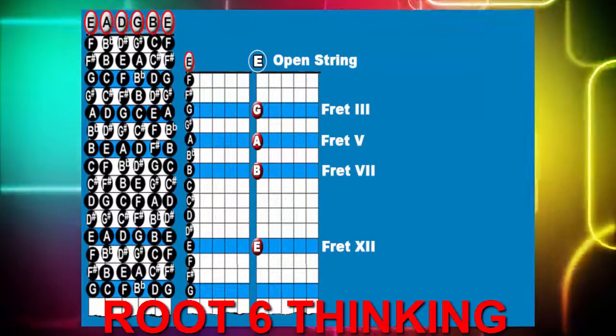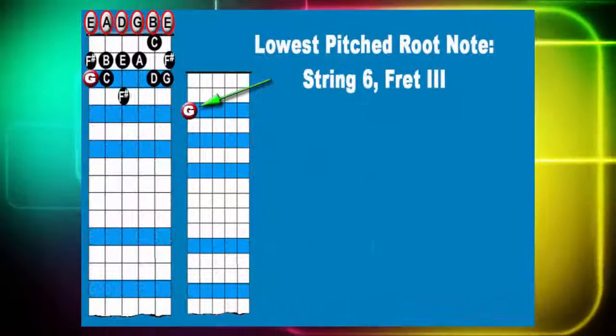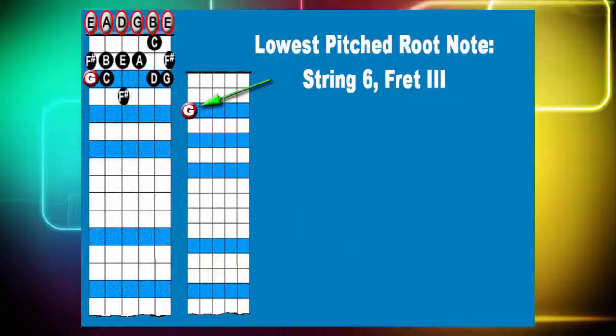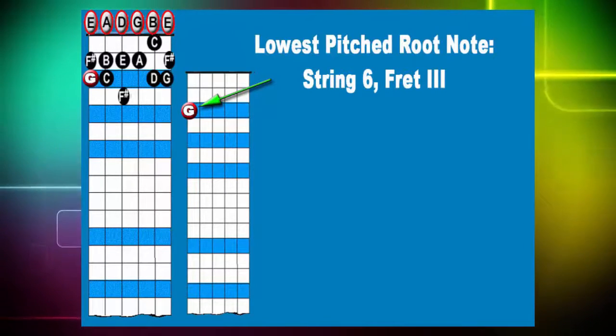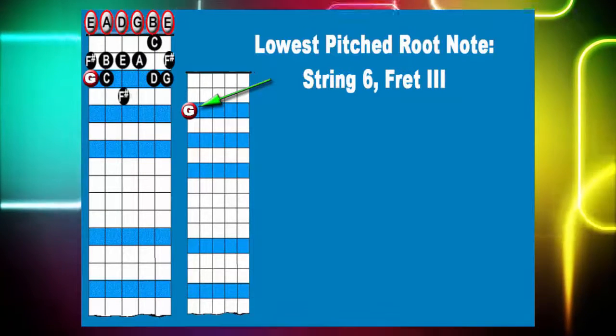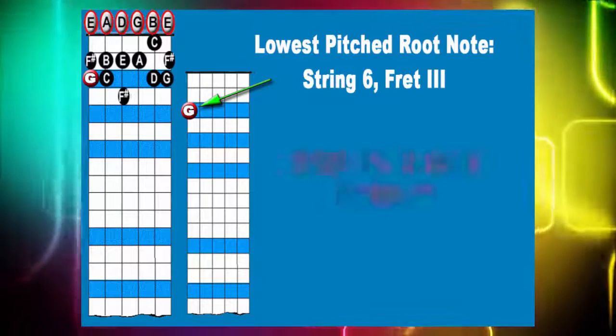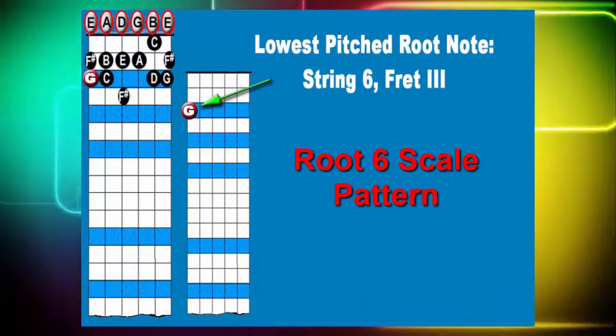Here, you see the classic well-known fingering pattern for the G major scale. Notice that the lowest pitched root note of that G major scale is located on the 3rd fret of string 6. Naturally then, this would be classified as a root 6 scale.